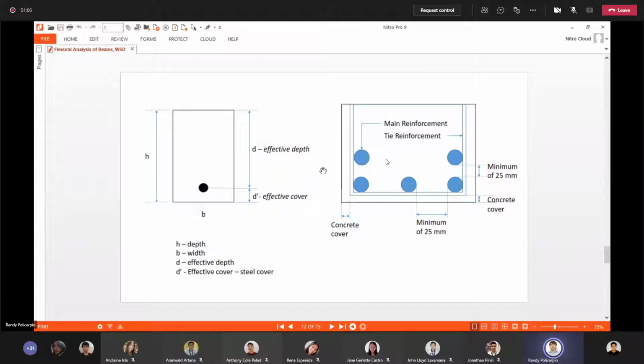So dun mo i-measure yung effective cover, no? And the effective depth can be computed by subtracting the effective cover from the total depth of your section. So yun yung ating effective depth. So these things are very important in the analysis and design.